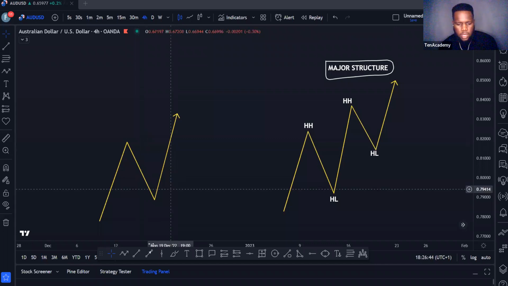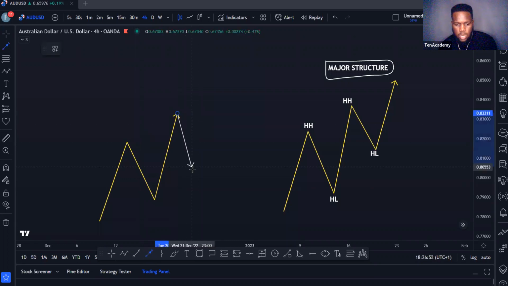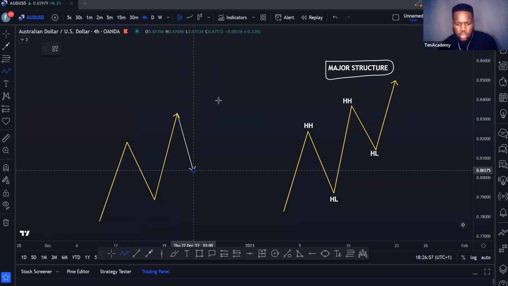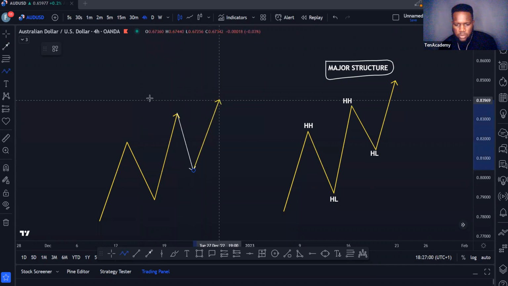Where do you want to look for buy opportunities? You want to look for buy opportunities at a higher low, and when price creates new highs, a new major structure has been created.